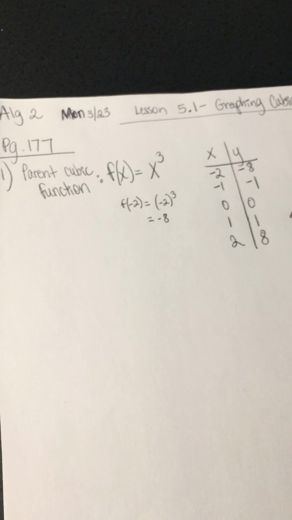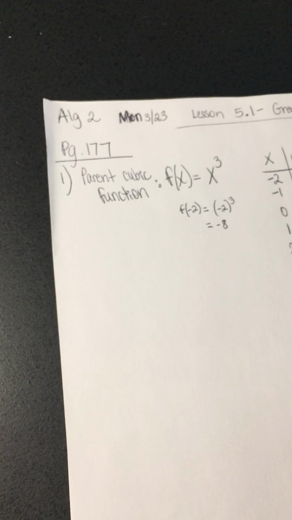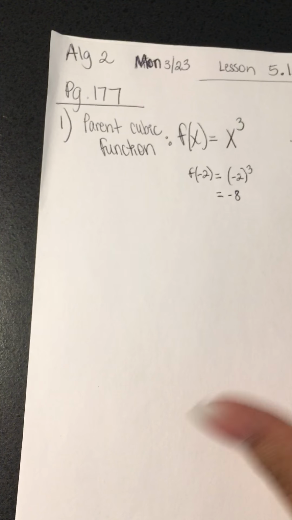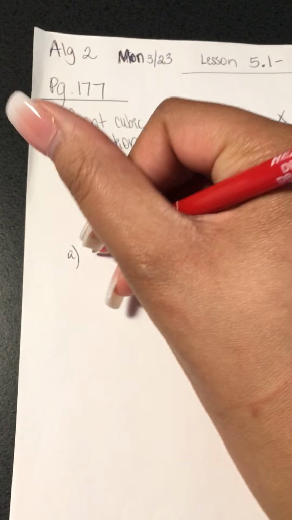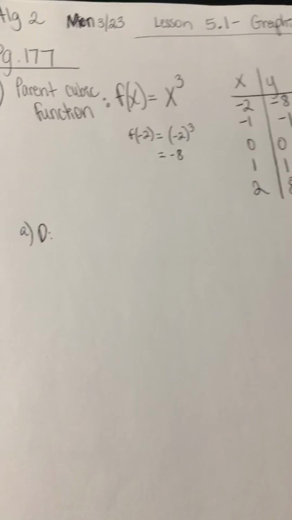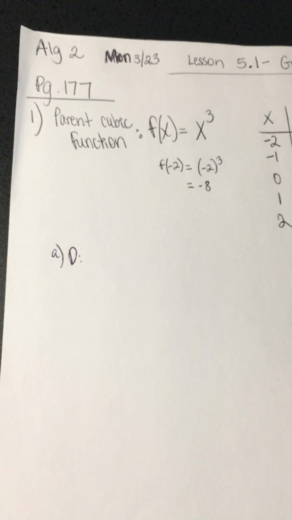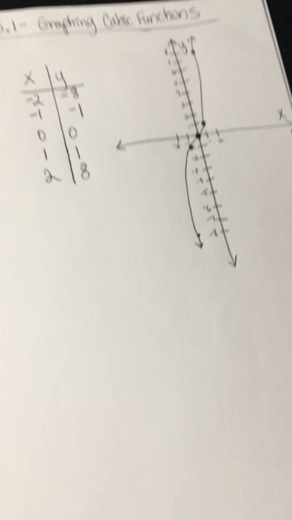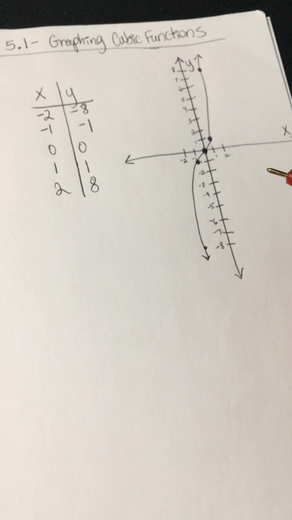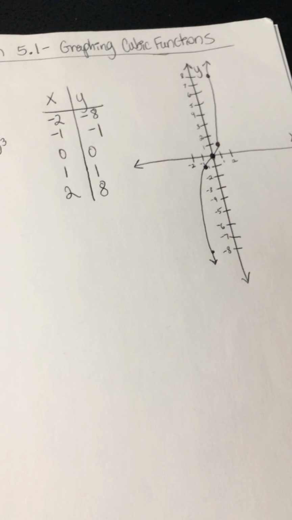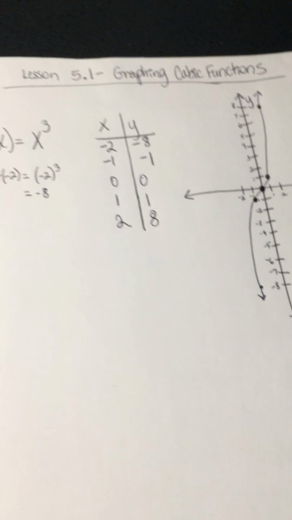Part A, state the function's domain and range. I'm going to put the letter D for domain. The domain is a set of all possible x values from lowest to highest. Well, because this is continuous, it's going to continue going to the left and continue going to the right forever. You can also think about reading domain from left to right.